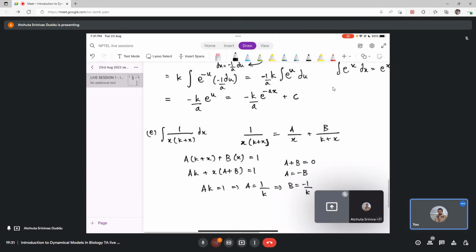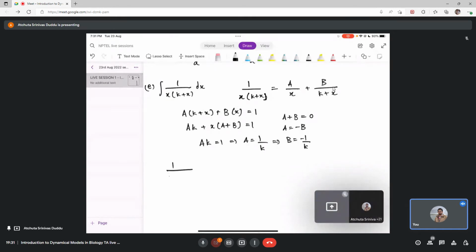So we can write this fraction 1 by x into k plus x as equal to 1 by k times 1 by x minus 1 by k times 1 by k plus x. Now we'll integrate this particular function.